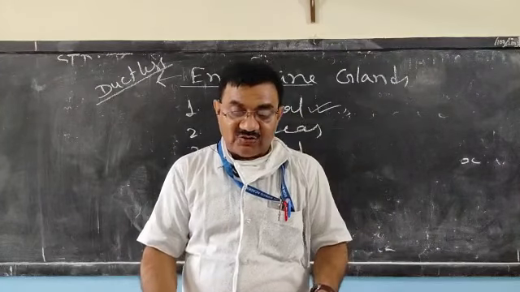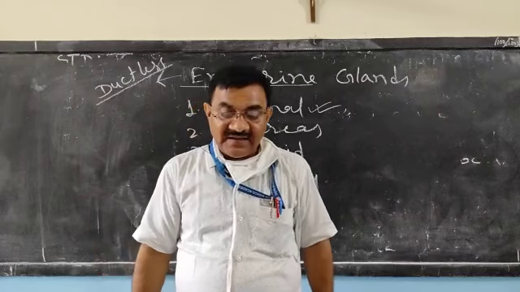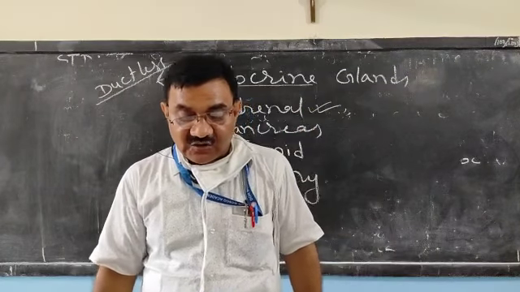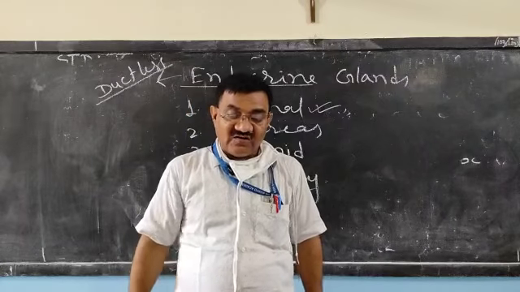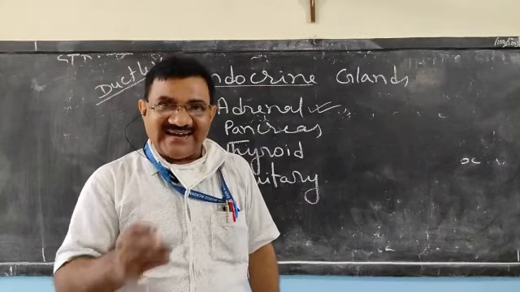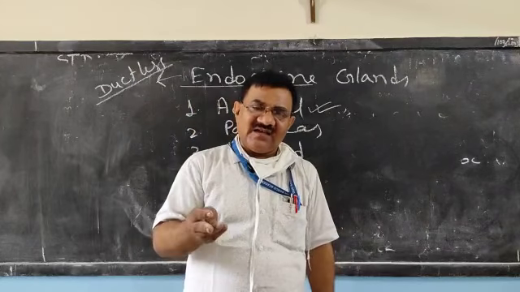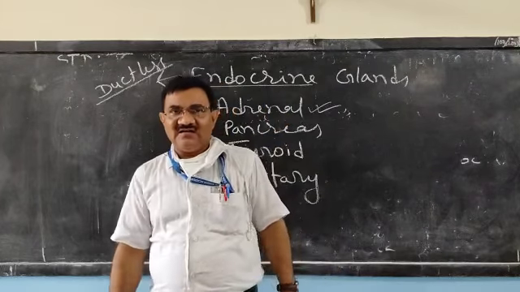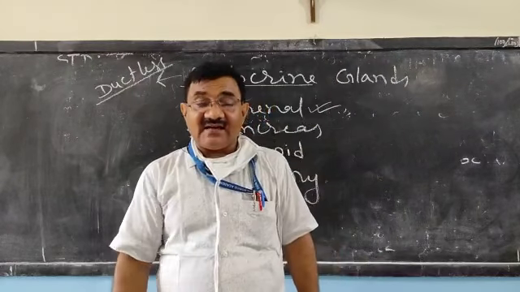Thyroxine controls metabolic activities and basal metabolism. Due to under secretion of thyroxine, simple goiter, cretinism and myxoedema take place. Simple goiter is swelling of the gland in the neck.